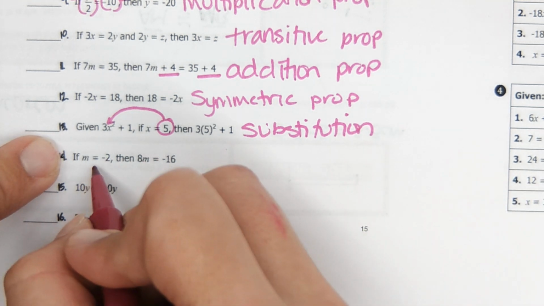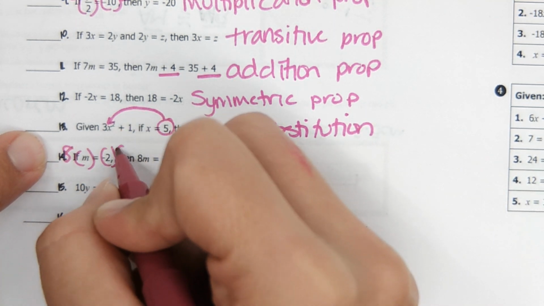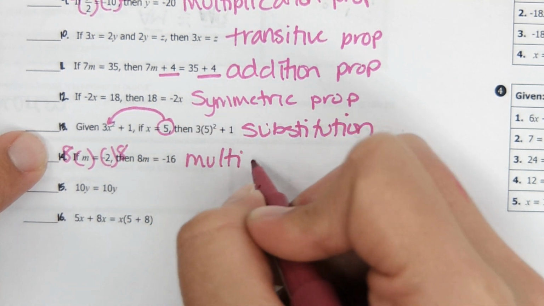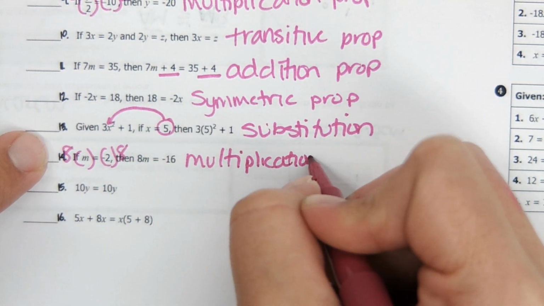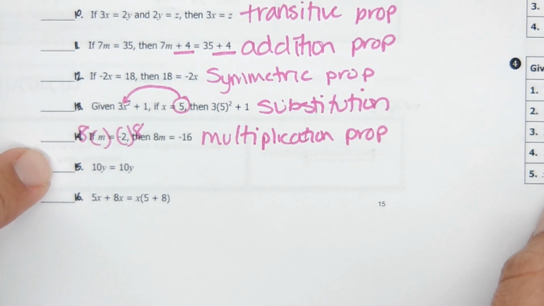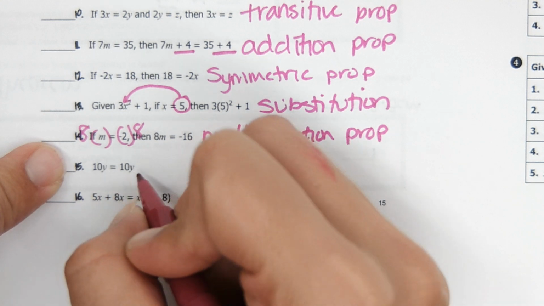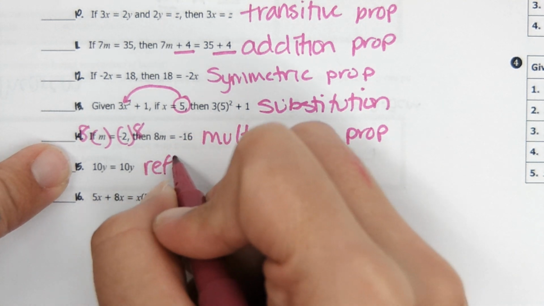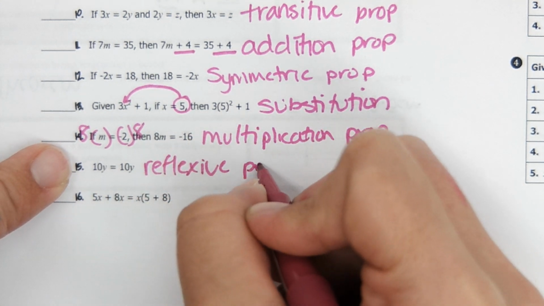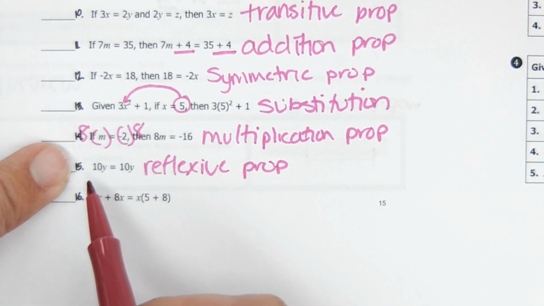Number 14, to go from this to this, they multiply both sides by 8. So multiplication property. And for 15, 10y equals itself. That is reflexive property. Like I said, it'll make sense more in later lessons why there's this.